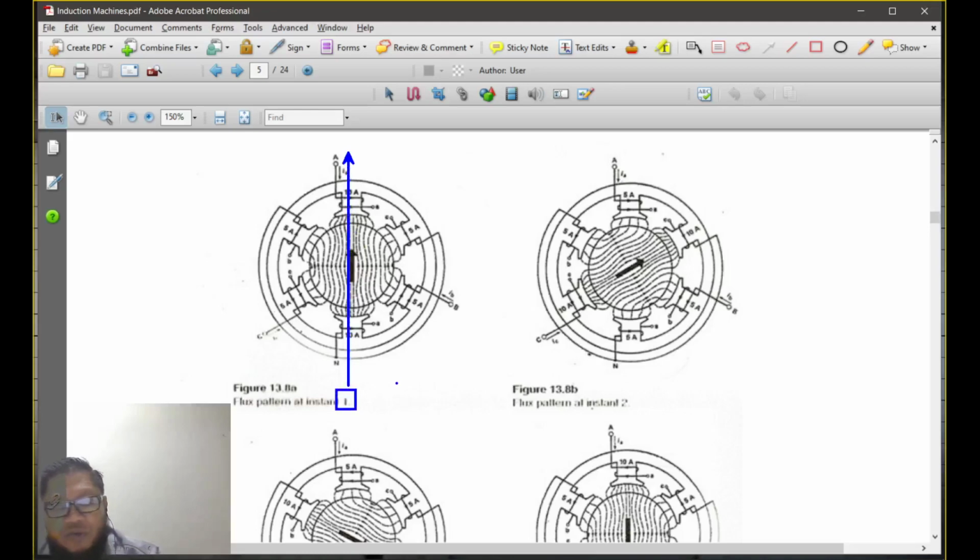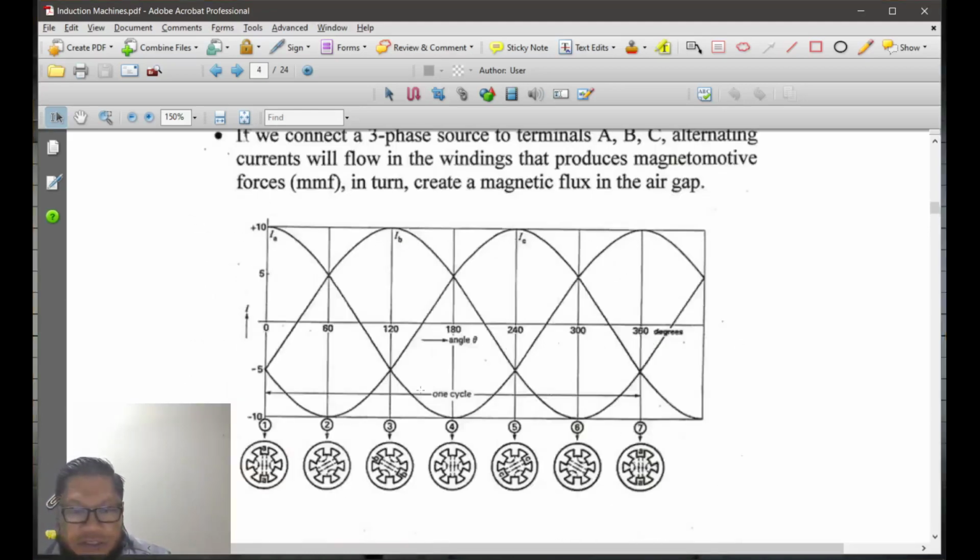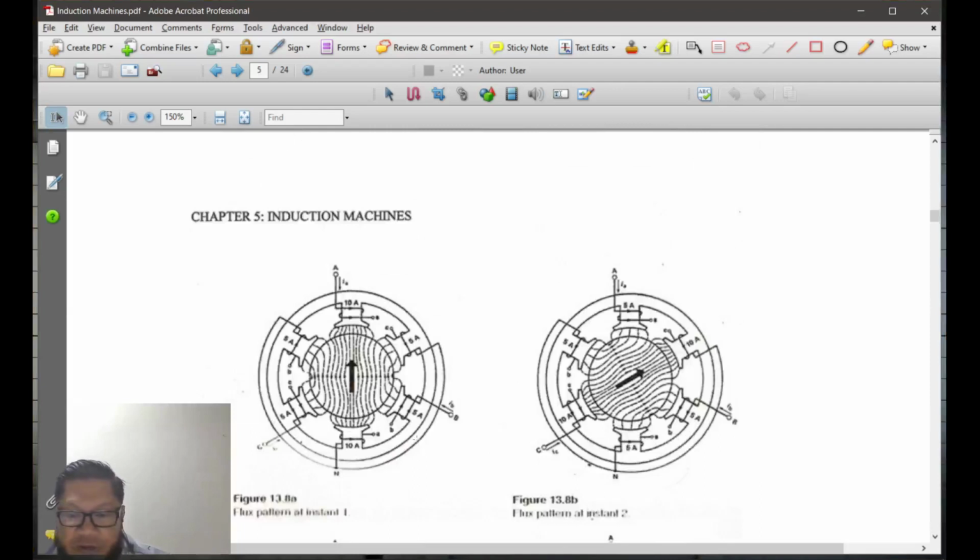When you move into position 2, now you have IC at maximum, and it is negative. The negative current IC will be at maximum. If you look carefully, a positive current flows in that direction, but now you have a negative current.